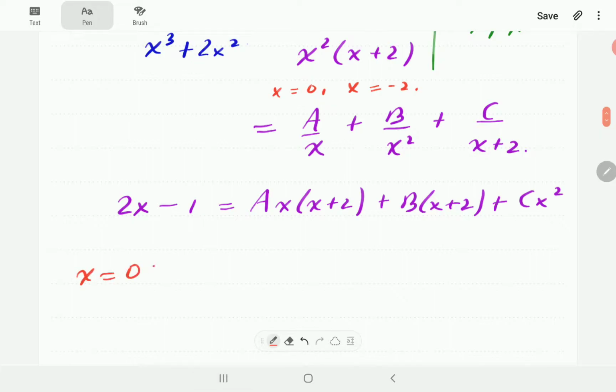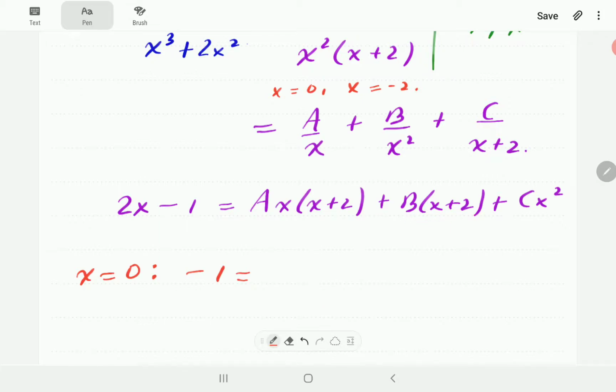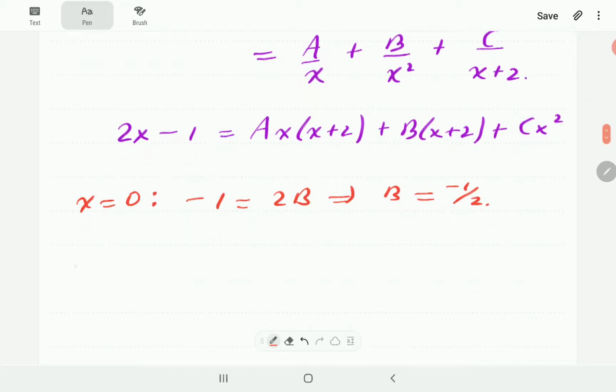So plugging in x equals 0, on the left hand side it's going to be negative 1. This term is going to disappear. This term is going to be 2B. This term is going to disappear as well. So that means B is going to be negative 1/2.